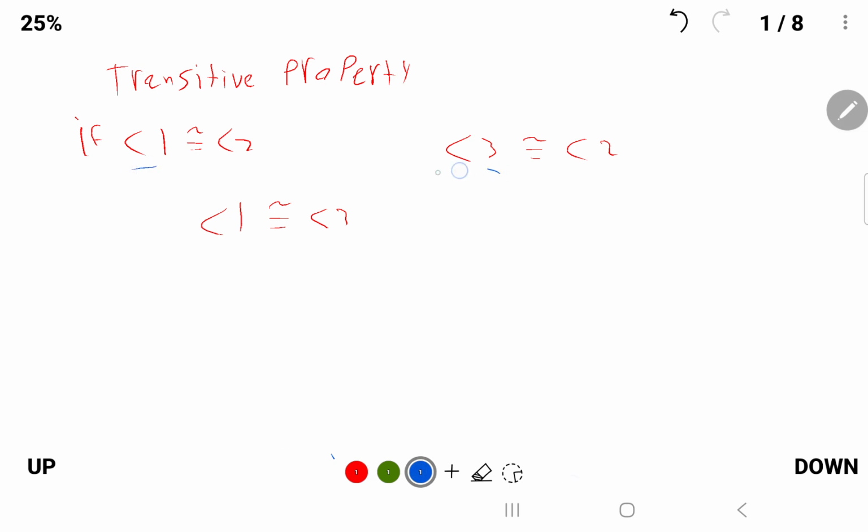Angle 1 and 3 are congruent to angle 2, the same angle, so angle 1 and angle 3 are congruent.